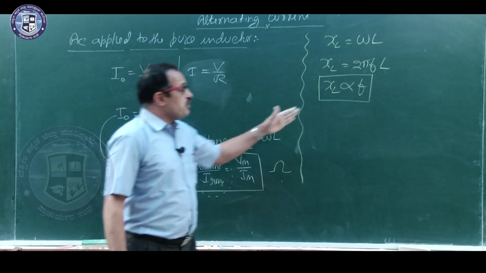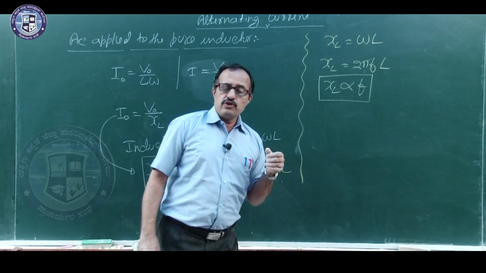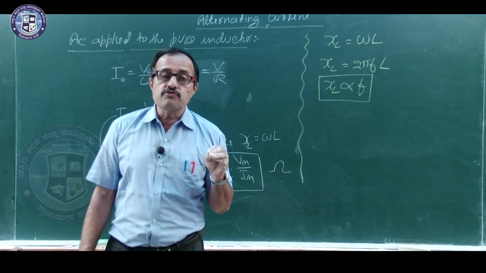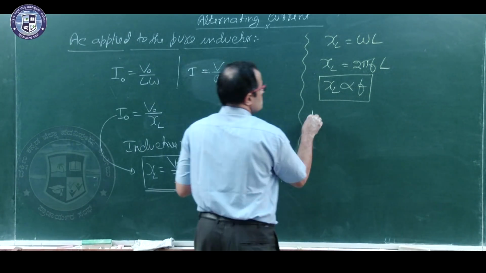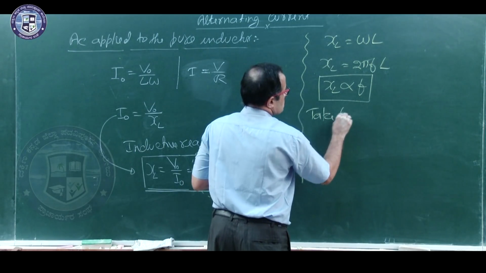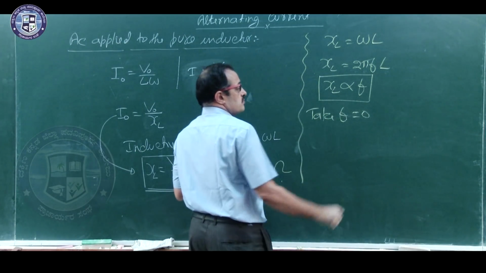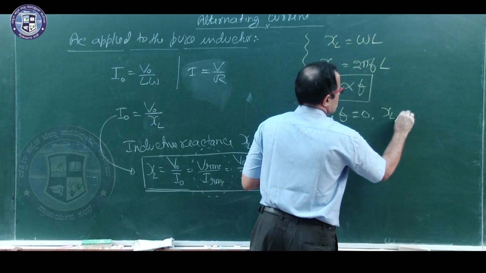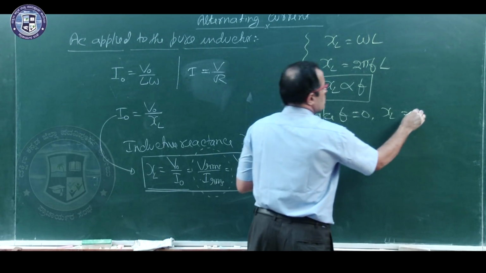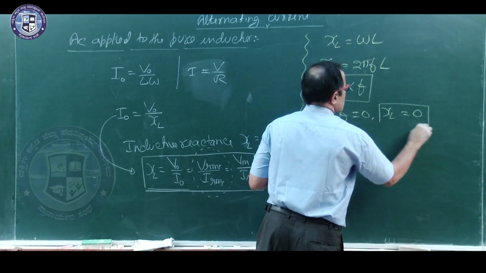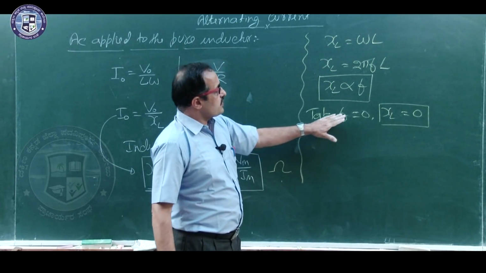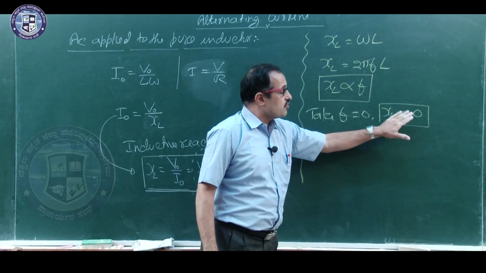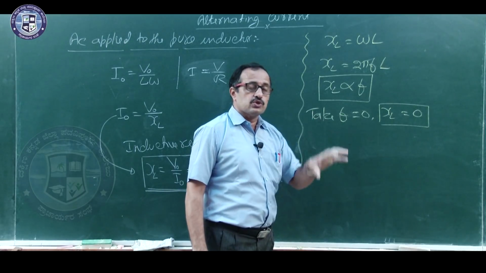Now, take f is equal to 0, frequency of the AC is 0. What is XL? 0. So, if the frequency of AC is 0, inductive reactance or opposition of the inductor is also 0.